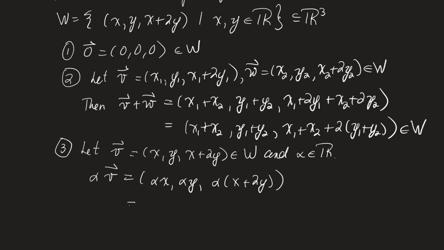Let's make it a little more clear that that belongs to W. So I'm going to rewrite it as alpha x, alpha y, alpha x plus 2 alpha y. And that definitely belongs to W because the third component is the first plus 2 times the second. So we've just shown that W is a subspace of R3.